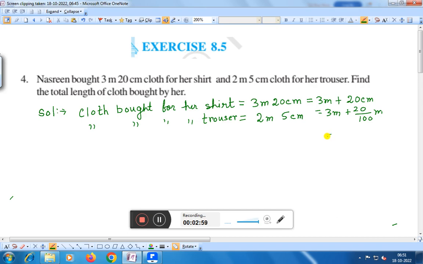That is equal to 3 meter plus 0.20 meter. That means we are getting 3.20 meter.